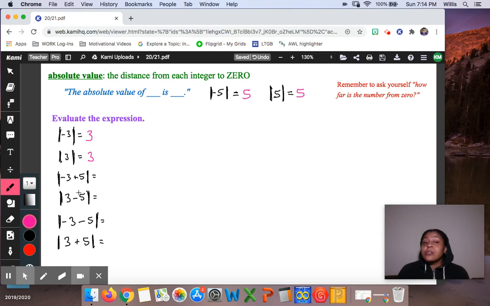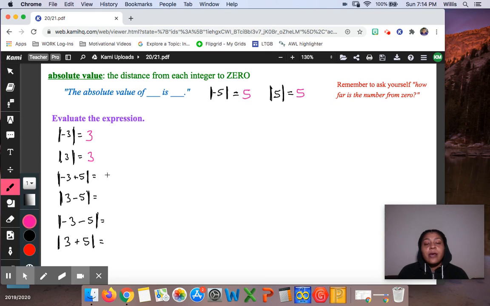So we're still going to treat it the same way, except we're going to follow our rules of order of operations, and we're going to evaluate what's inside the absolute value symbols first before writing anything else. We need to evaluate first.